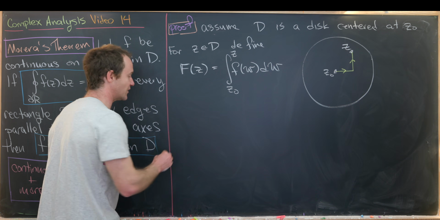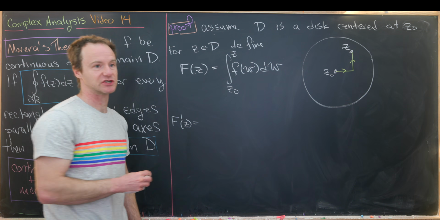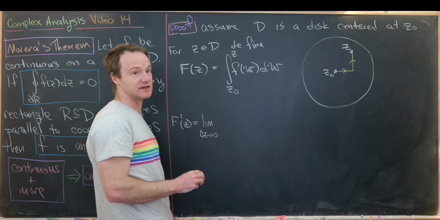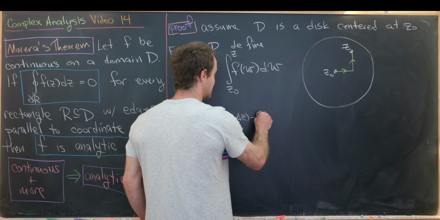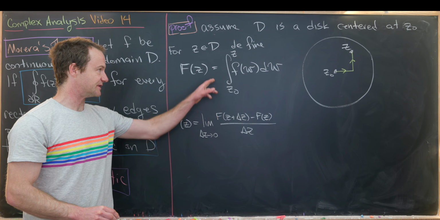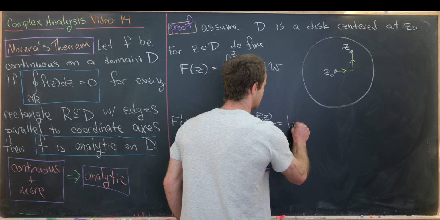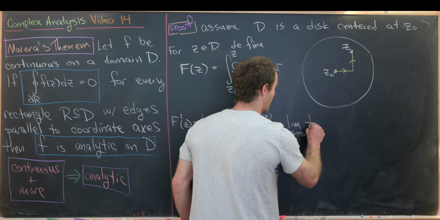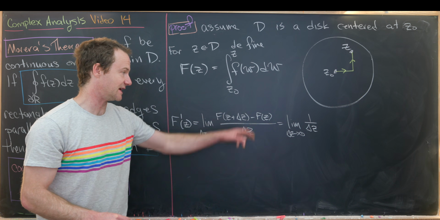Okay, so now we're going to take the derivative of capital F, and we'll do that using the limit definition of the derivative. So this is the limit as delta z goes to 0 of F of z plus delta z minus F of z, over delta z. By the definition of capital F of z, we can simplify this a little bit. So this is going to be the limit as delta z goes to 0 of 1 over delta z times a certain integral, which we get from combining these two things together.